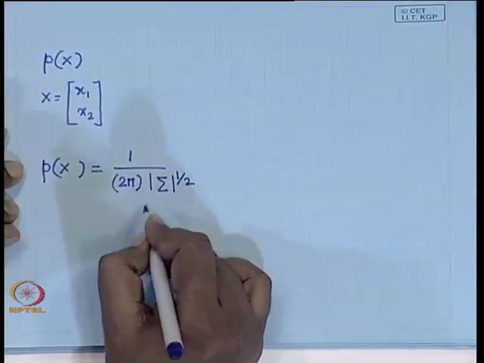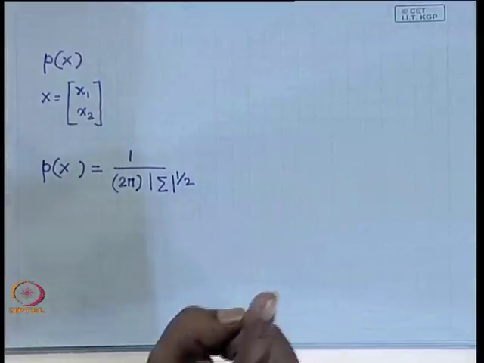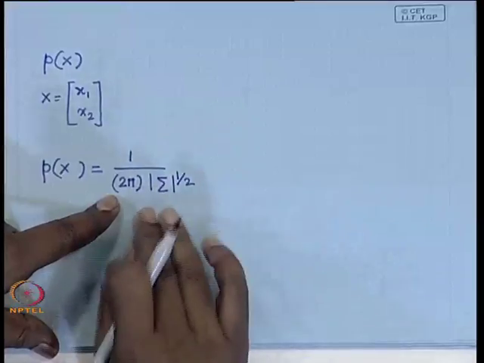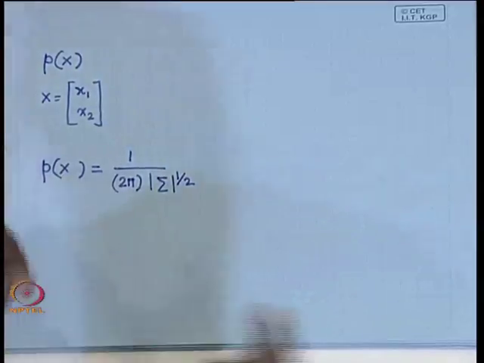When I say sigma within modulo form, it is nothing but the determinant of the covariance matrix. I cannot take the square root of a matrix. However, I can take the square root of a determinant, because a determinant has a value. A matrix does not have a value, a matrix has to be interpreted.